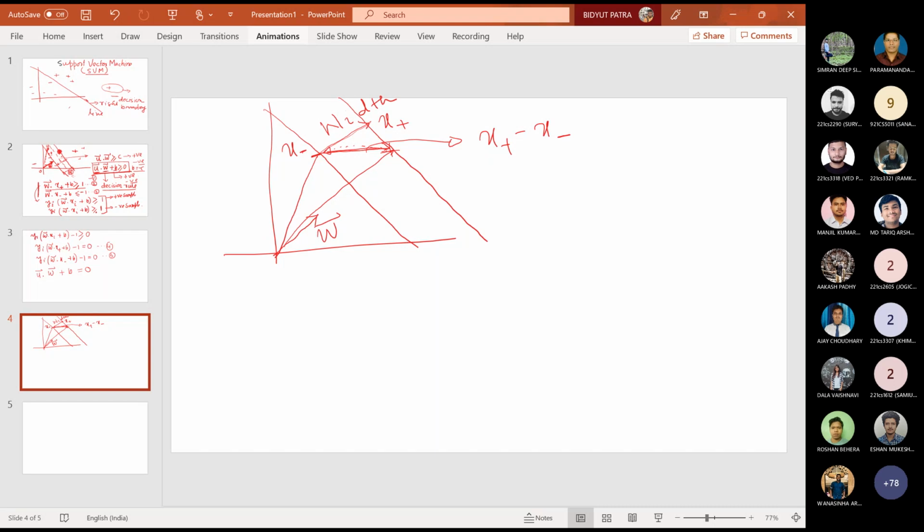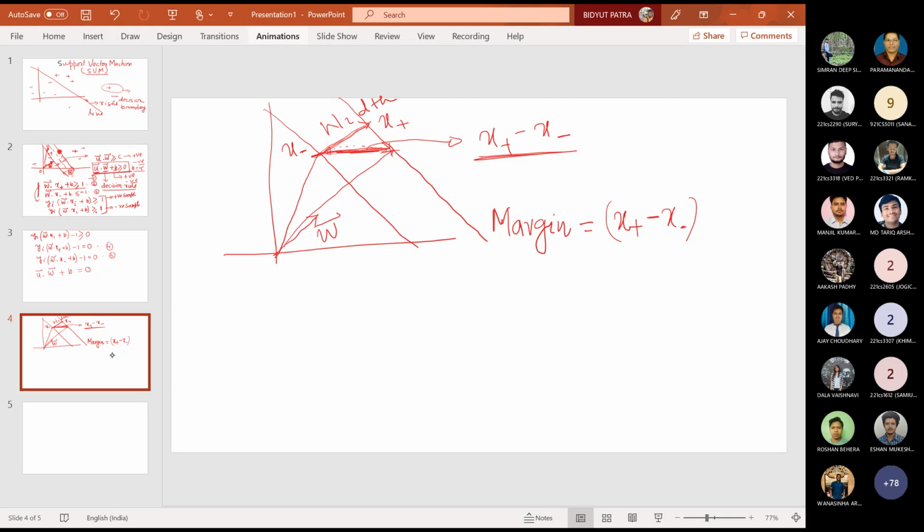This width is nothing but the projection of this vector on the perpendicular to the street. More formally, the margin is equal to x plus minus x minus.